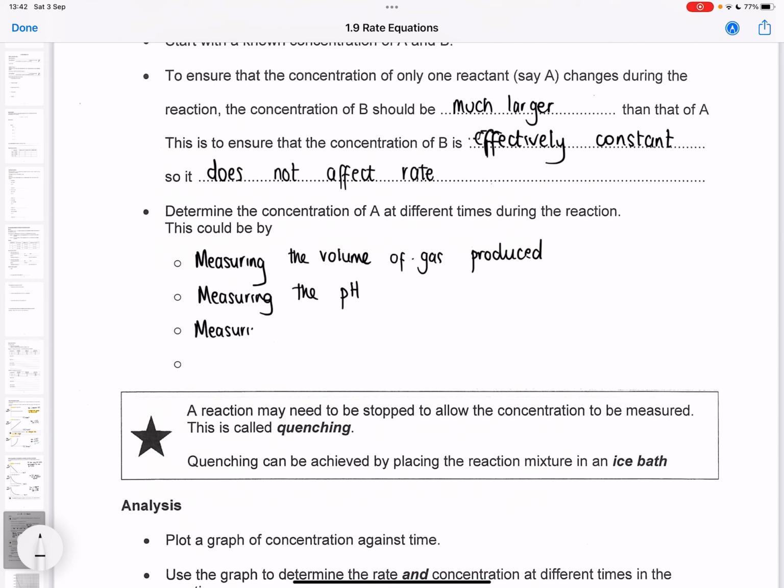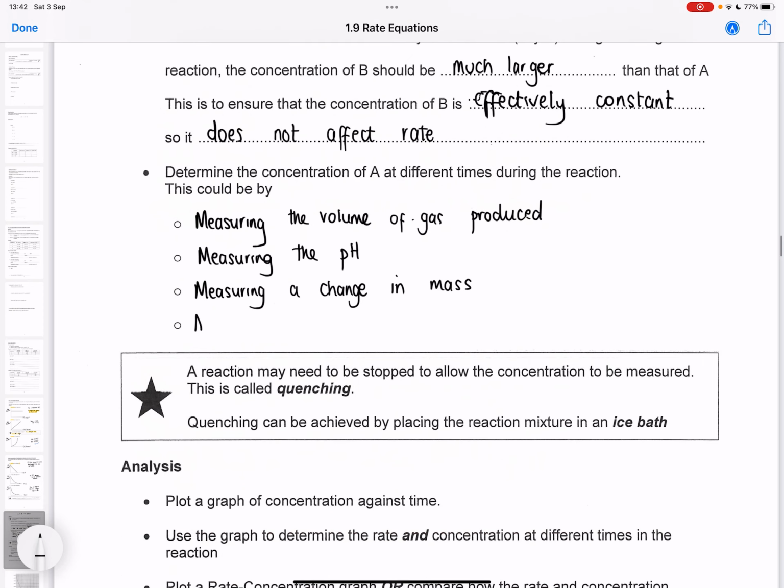We could measure the change in mass. Maybe a solid was reacting and the mass of this mixture was changing, and we could use that to determine concentration. Or, nice and easy one, we could measure absorbance of coloured solutions, so using a colorimeter.